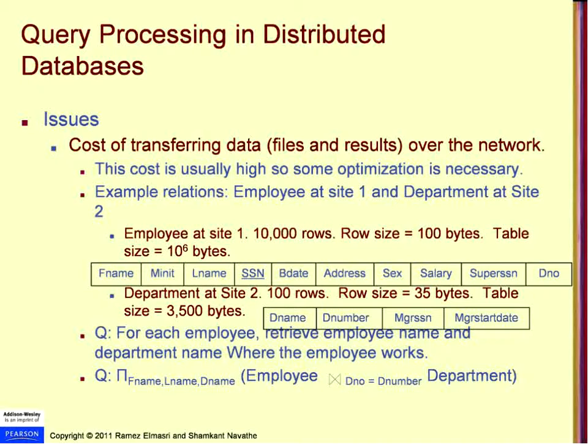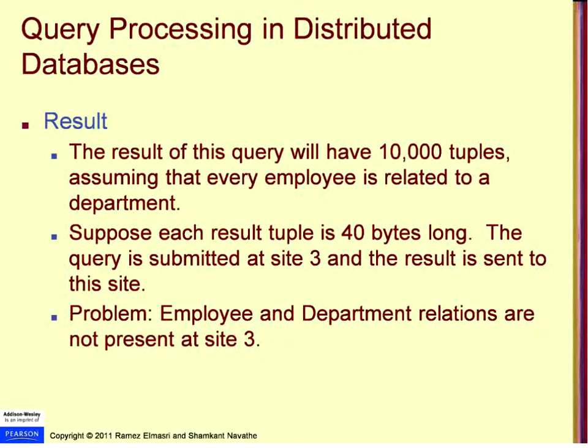Okay. So if we want to project the name of the employee and the department name, the result will have 10,000 tuples. Now suppose each result tuple is 40 bytes long. How can we say that it's 40 bytes long? Because we want the employee first name, last name, and department name. First name is 15 bytes, last name is 15 bytes, so 15 plus 15 is 30, and the department name is 10 bytes.